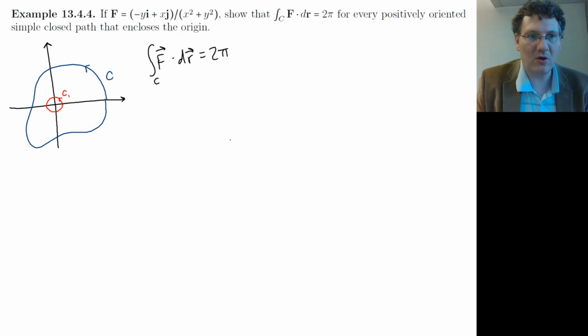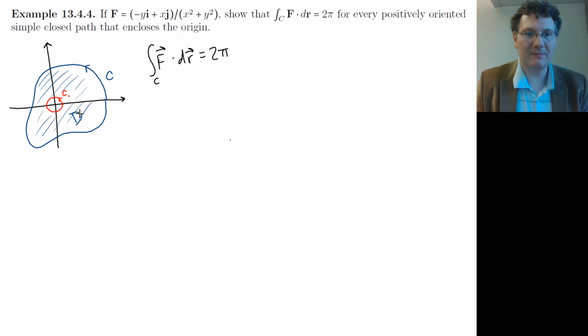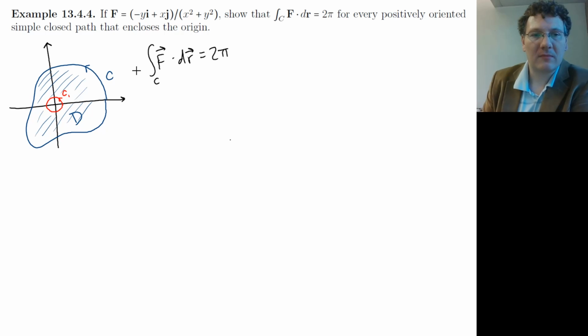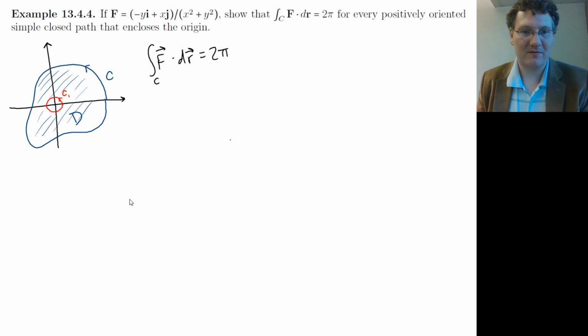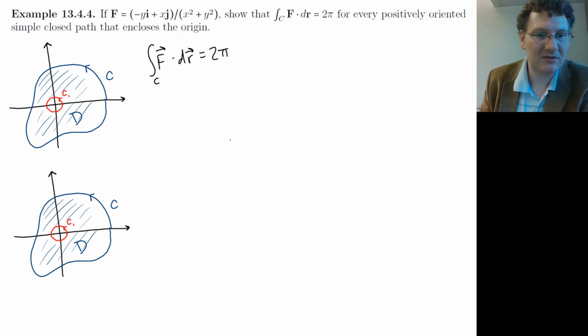So we'll call the region that's between the two, this region here, region D. Let's copy it over. I can actually cut this into, let's do it in green.